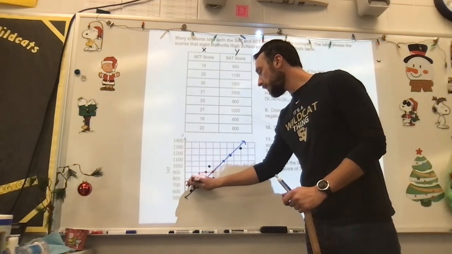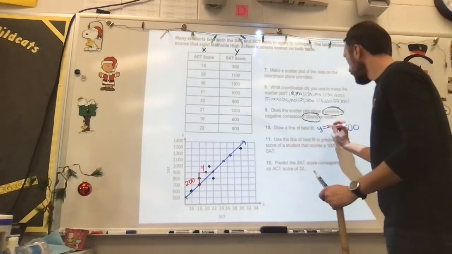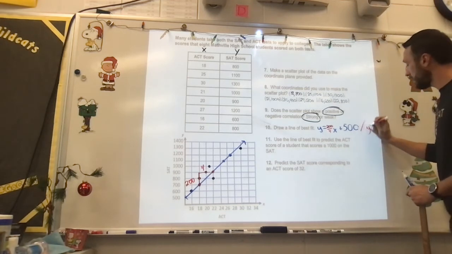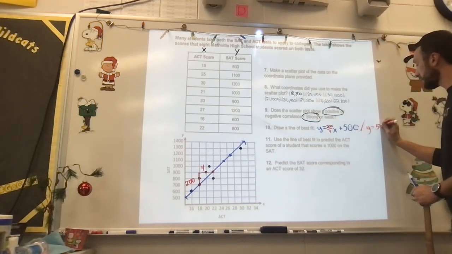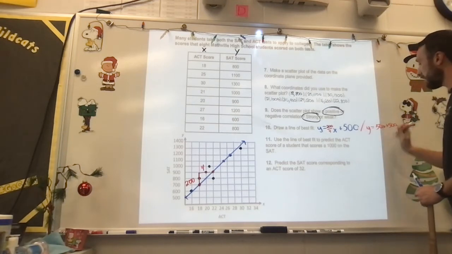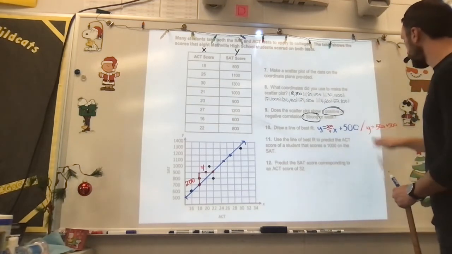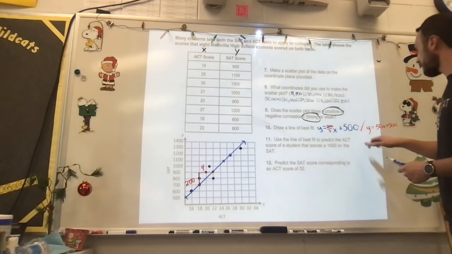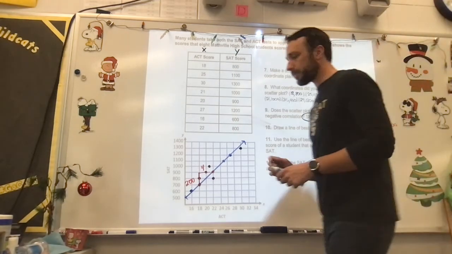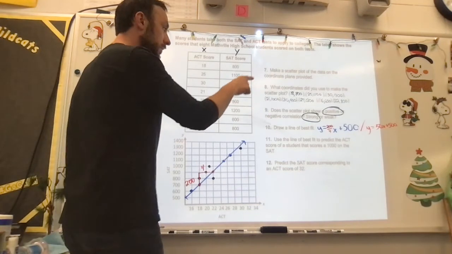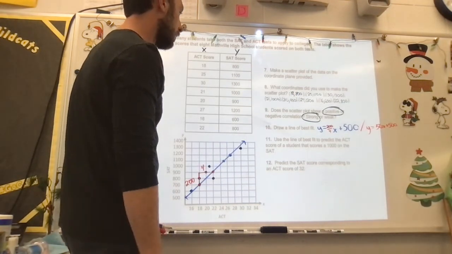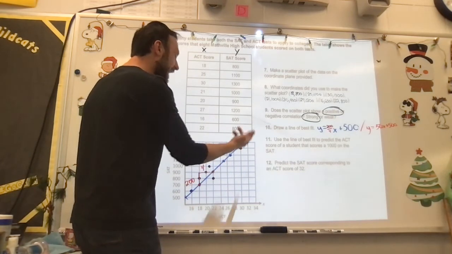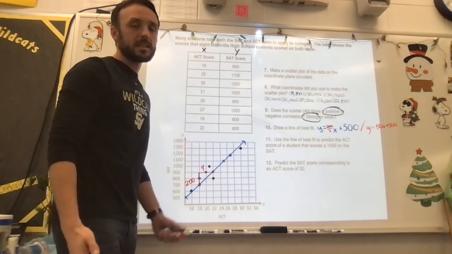So we're going up 200 and over 4, which would be the same as y equals 50x plus 500, because 200 divided by 4 is 50. So y equals 200 over 4x plus 500, or y equals 50x plus 500. And if you notice, when I count it's up 50 over 1, or if I go up 2 over 2, and again up 2 over 2, it's not perfect. It's not a perfect slope, but it's close enough.